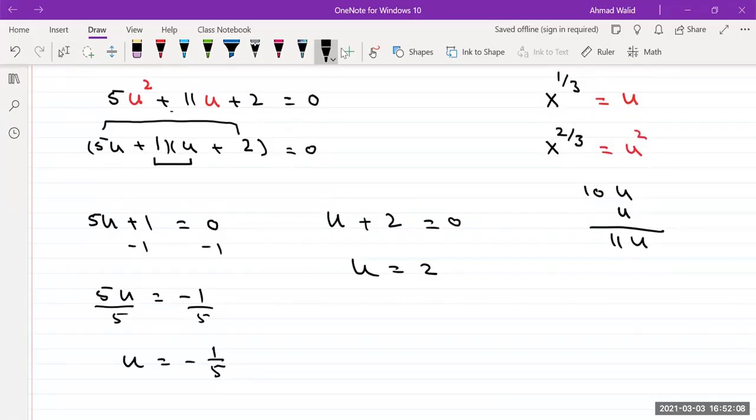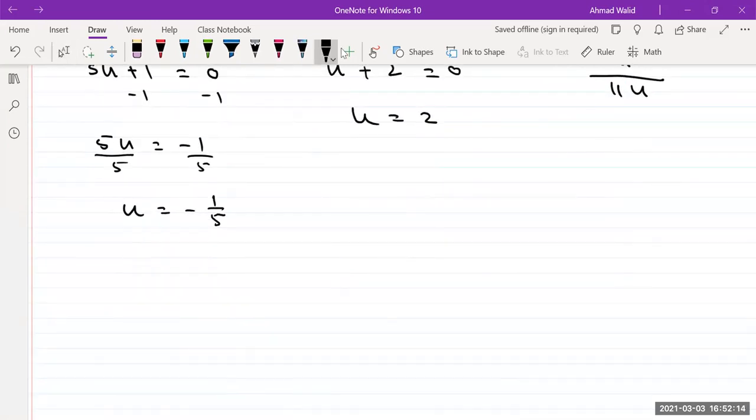What is u? Here, you see on the right side, u is x to the power of 1/3. Then here you can write x to the power of 1/3 equals negative 1/5. Oh, exponential equation. You already learned how to deal with this problem, correct? To simplify this, I'm raising both sides to which power? To the reciprocal of 1/3.